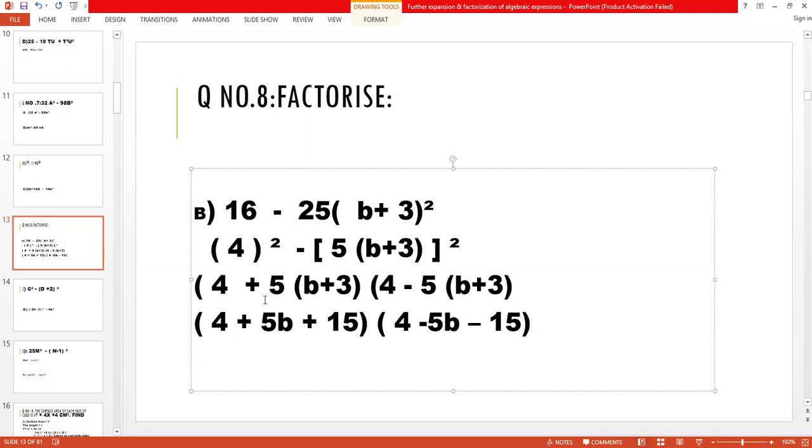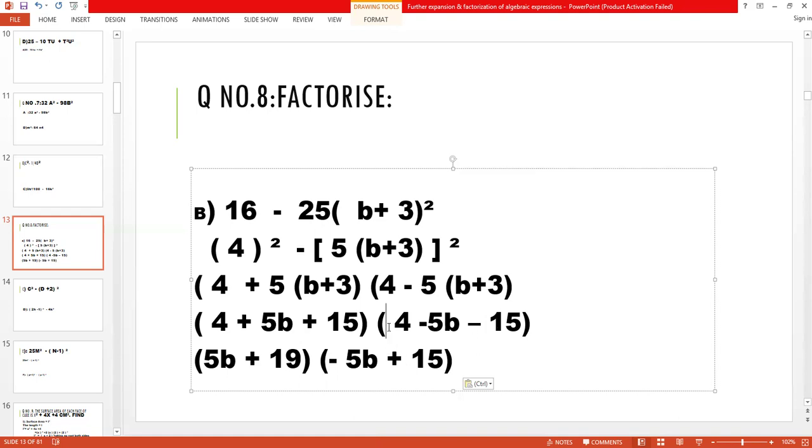Now you have to add and subtract the like terms. Look here, 15 plus 4. 15 plus 4, what will it be? 15 plus 4 becomes 19. Now comes to the second. Again, we have minus 5b, and minus 15 plus 4.